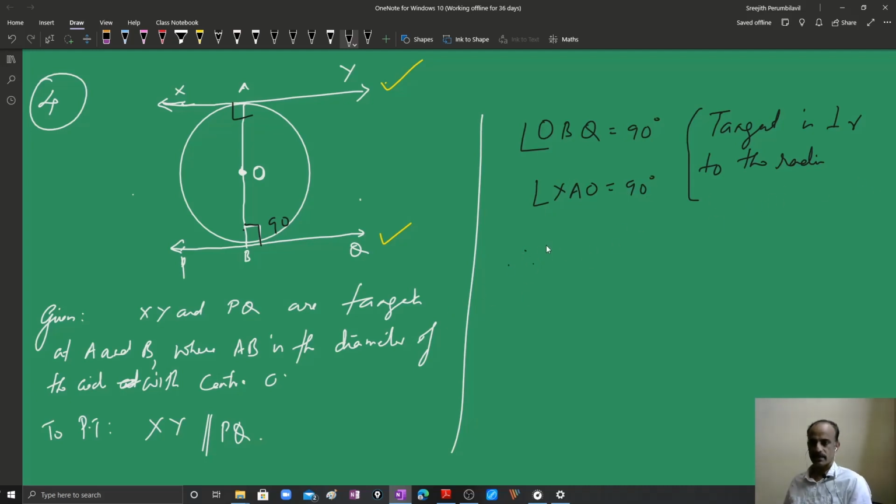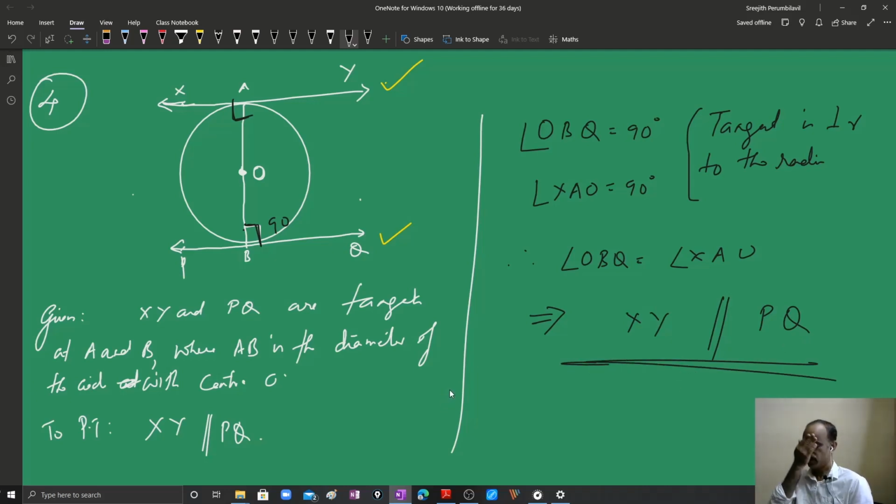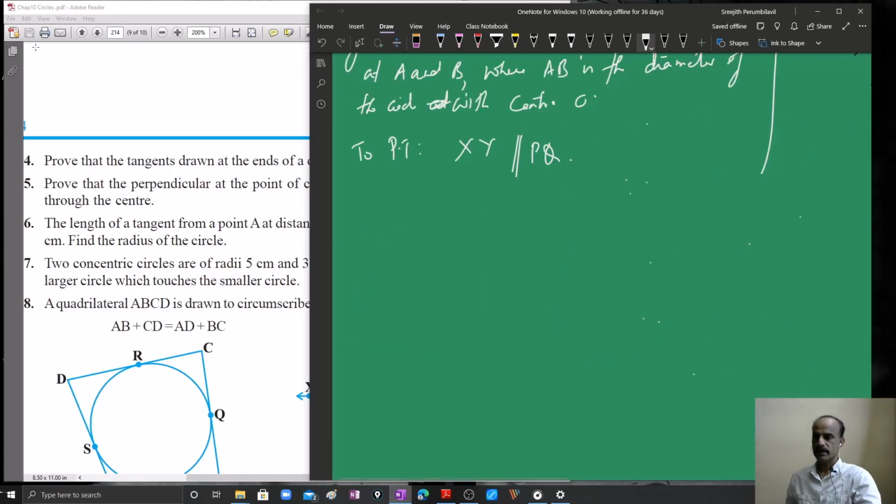Therefore angle OBQ is equal to angle XAO. These alternate interior angles are equal. This implies that XY is parallel to PQ, since alternate interior angles are equal. So, next question.